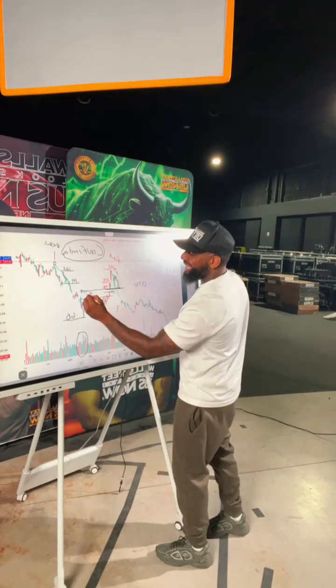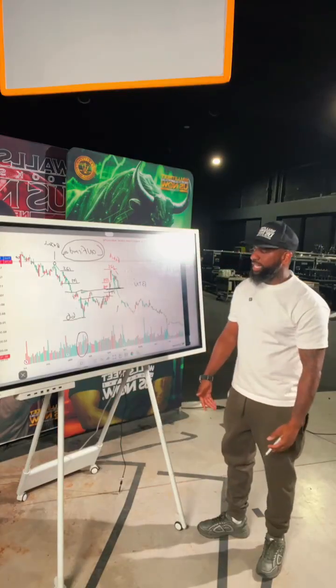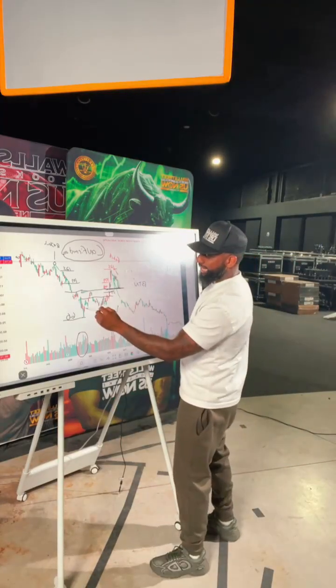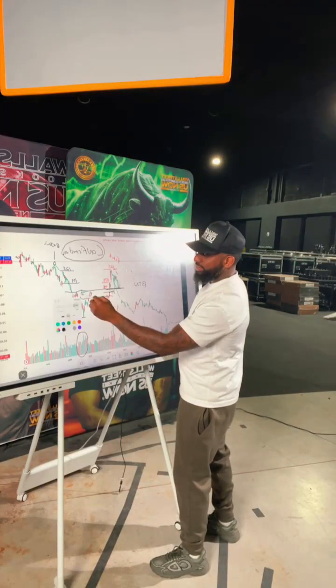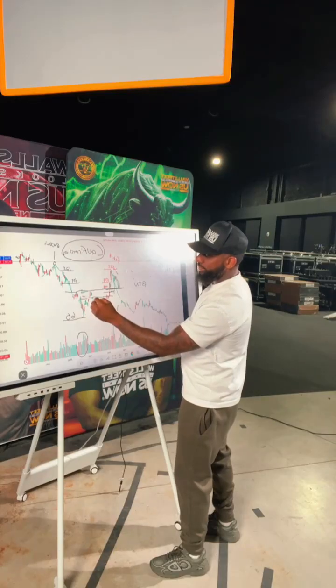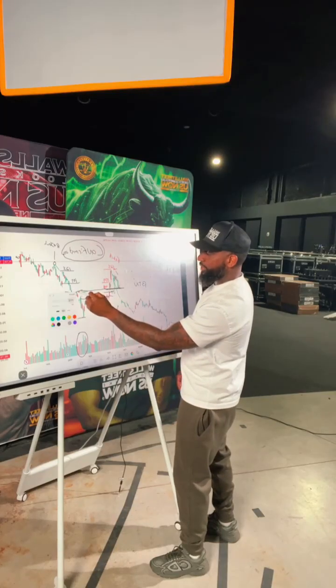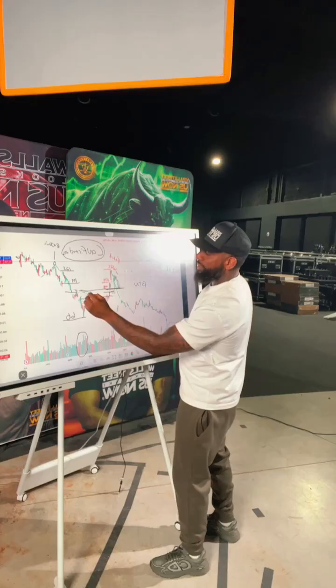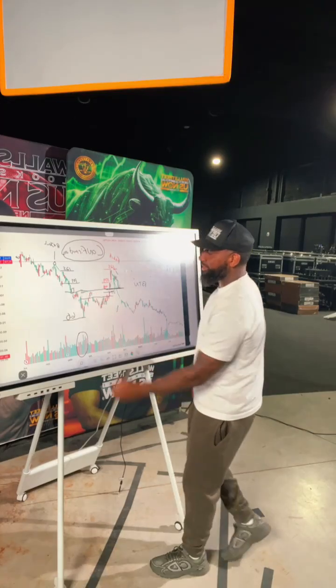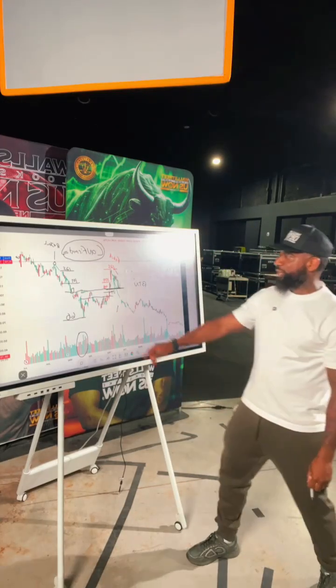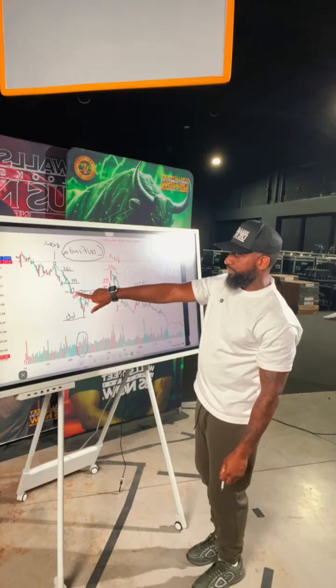So now, well, Trap, we're in an uptrend. You know why? We got a higher high here, then we get a higher high here. But watch this, then we get this candle right here. This is the most essential candle, the candle that puts us right here.